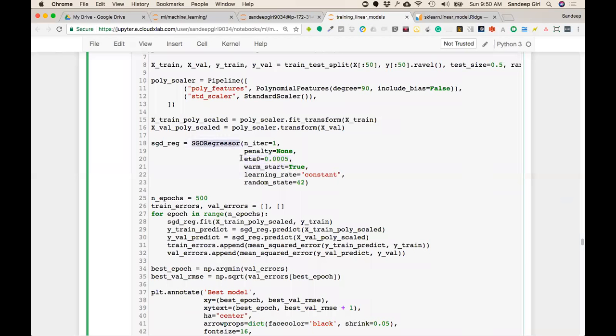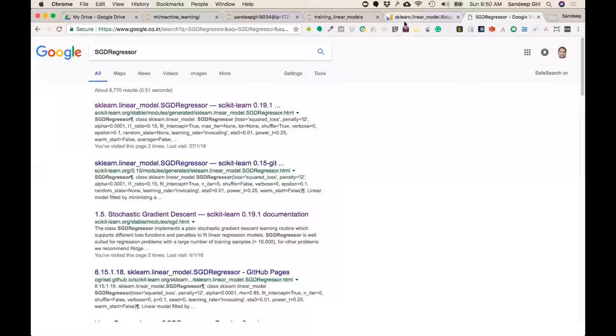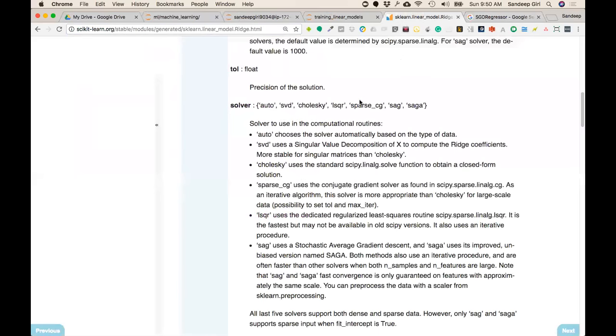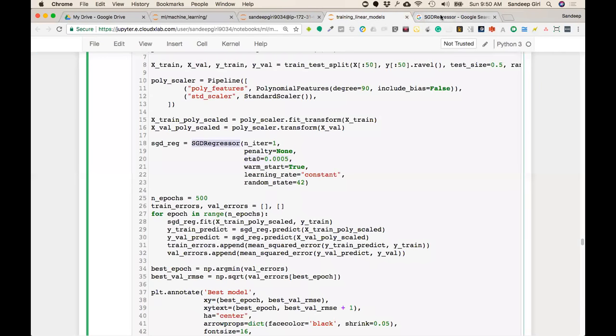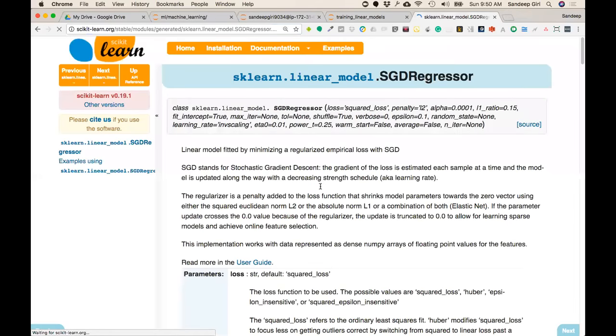Warm start probably refers to assuming the initial value to be higher.